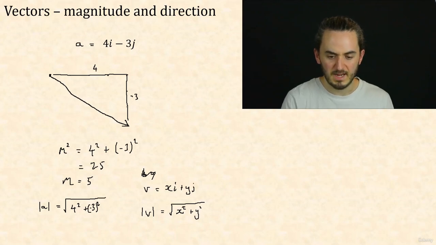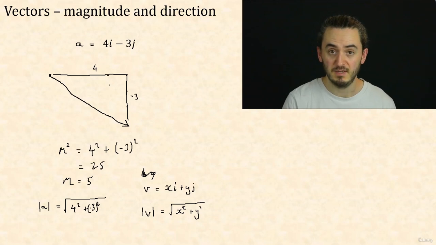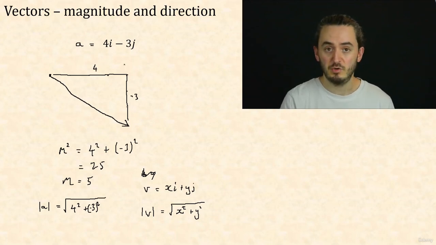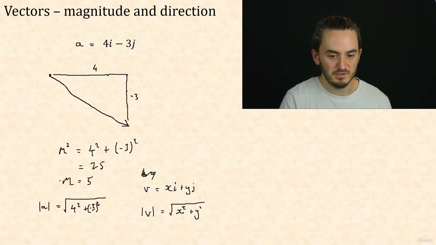Now, we can get bogged down in this sort of terminology here. The key idea, and I would just think through it like this every single time, is that when you draw out a vector, you can form a right angle triangle based on its i component and its j component, and then you can easily see what to do.